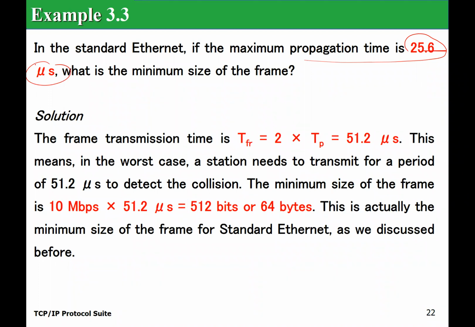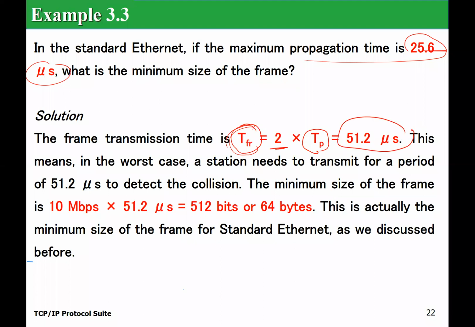How long is it going to take for A to receive the signal? Another 25.6. So how much time do you need to detect the collision back and forth? You need 2 times the propagation delay. So that's why, if you see the equation here, the transfer time for the frame has to be twice the propagation delay, correct?